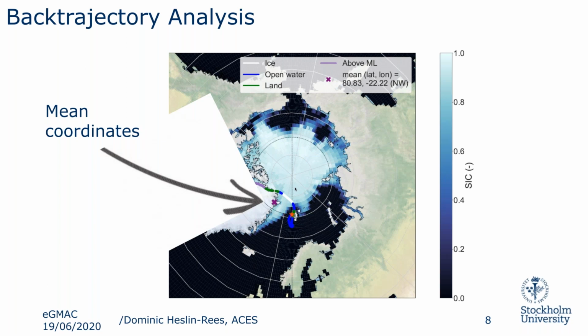This one is labeled as northwest, which means it's coming from the northwest, and we'll use that later on. Just to note that we only use the part of the trajectories that have traversed in the mixing layer. We assume that that part has been influenced by aerosol emissions.